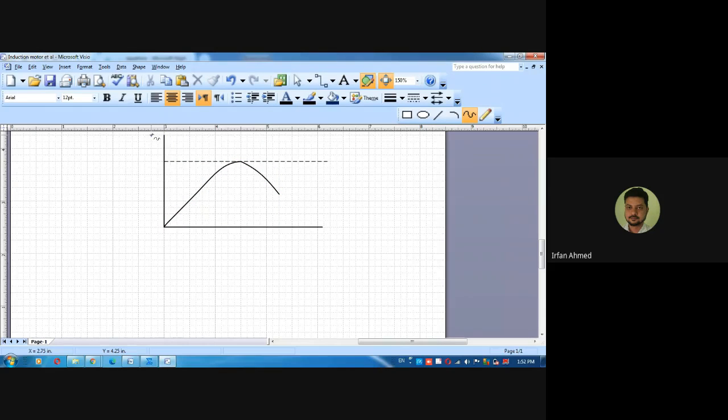You have torque on the y-axis and slip on the x-axis. Okay, so for some value of R2 dash, the rotor resistance, let us say this is the value of the critical slip and this is the value of the maximum torque. Now suppose you increase the value of R2 dash. So what will happen? Your SCR will increase, but your maximum torque remains the same. Okay, it will not change.